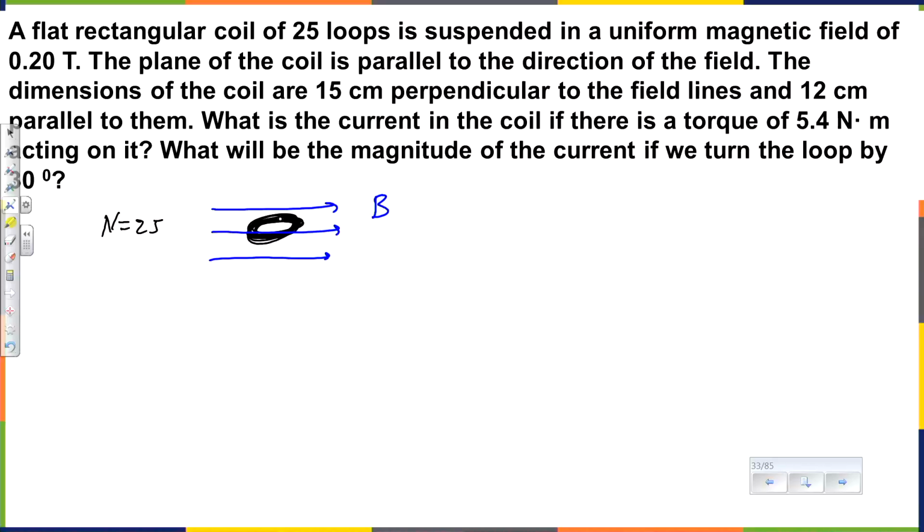The dimensions, oh shoot, it's not circular. I'm giving you time to draw your own picture. Use it.